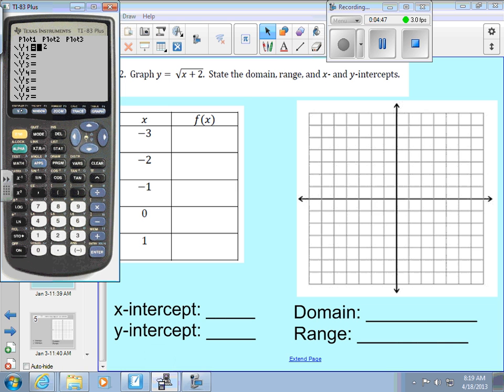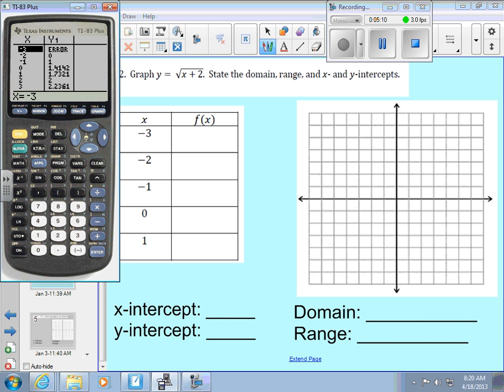So if we insert this function, square root of x plus 2, we can bring up the table and get the values here. So if we bring up the table, now we have the values to fill in our table. Notice the first one there, -3, the calculator says error for that one. And it should.